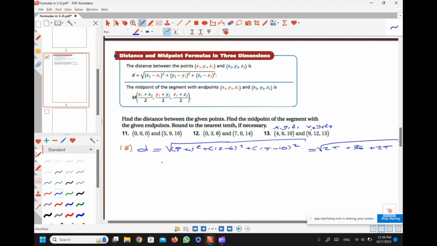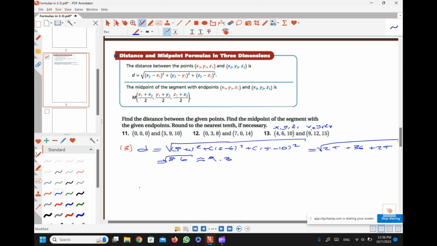When you add them up, you'll get 86. The square root of 86 is 9.27, which is approximately 9.3. That is the distance between the points.